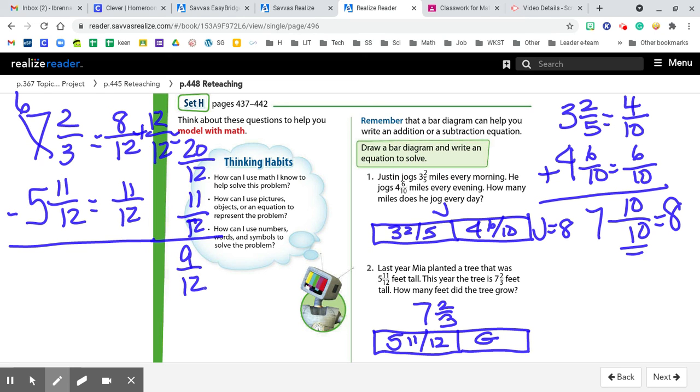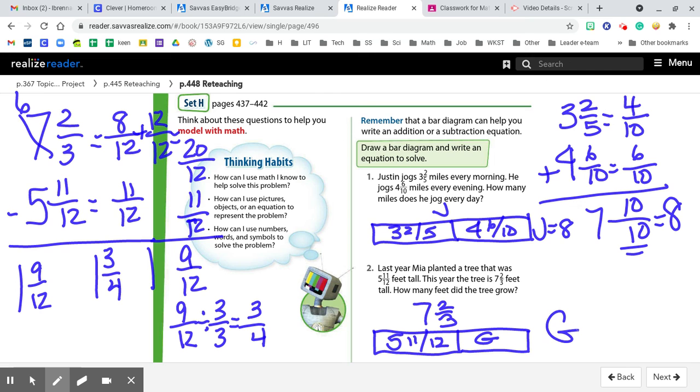And when I come over to my whole numbers, 1 and 9/12. And 1 and 9/12, I know I can take that 9/12 and divide it by the common factor of 3. So I'll get 3/4. So I actually wind up with 1 3/4 feet. So back here, my growth was 1 3/4 of a foot. There you go.